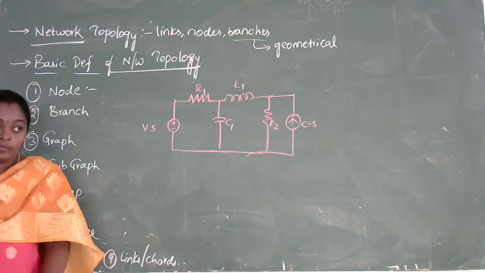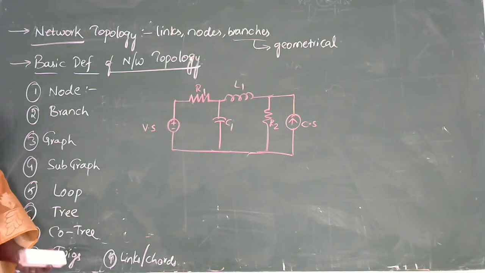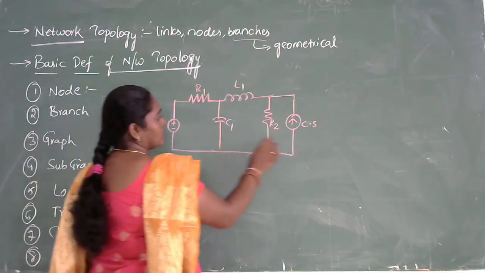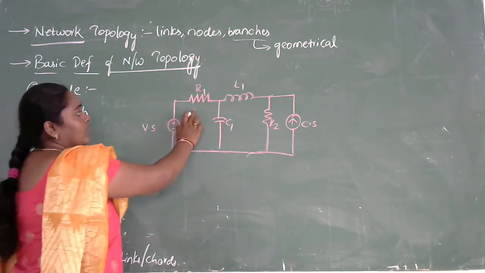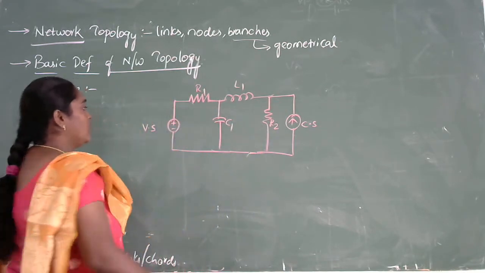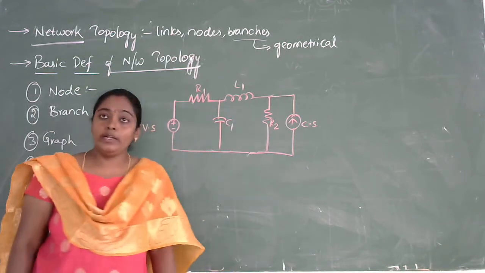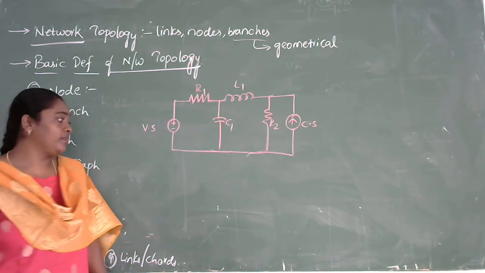This electrical circuit consists of active elements along with passive elements. The active elements are the voltage source and the current source, and the passive elements are resistors, inductors and capacitors.